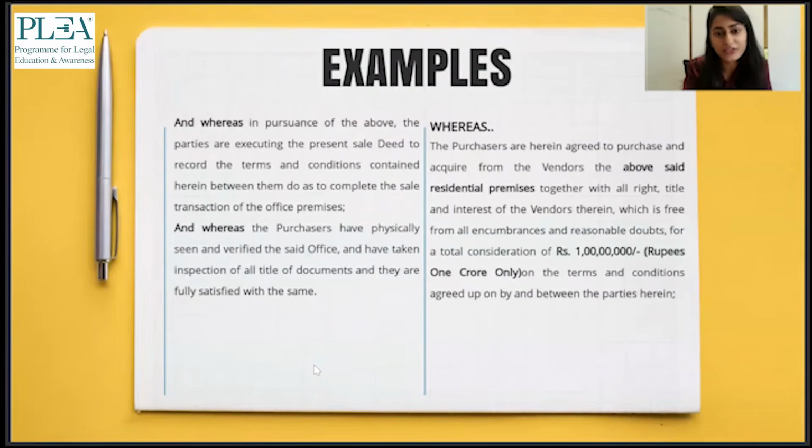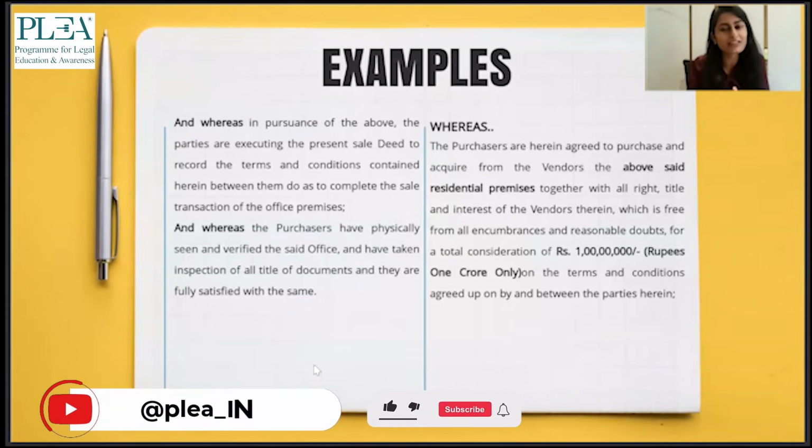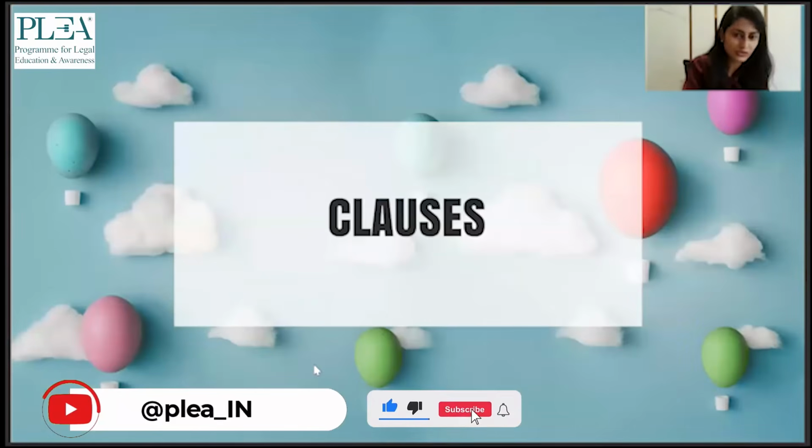And then these are the introductory recitals, which describe what is happening now. What is happening now? That C is selling the flat to D. And that D has already verified the entire property. He is clear with the market value and title. And now he is acquiring the flat through the sale deed, through the agreement for sale in this case. So these are the narrative and introductory recitals that you should know.